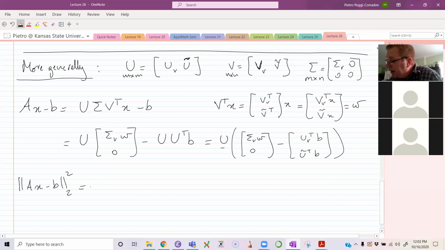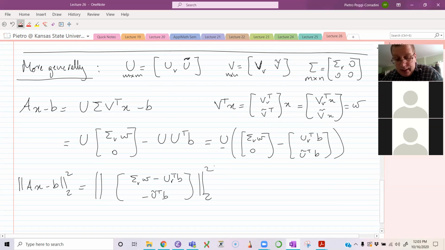So I can simply take the 2 norm squared of sigma_R W minus U_R transpose b. But by the Pythagorean theorem, this is going to be the sum of the 2 norm of this vector plus the norm of this. That makes sense?